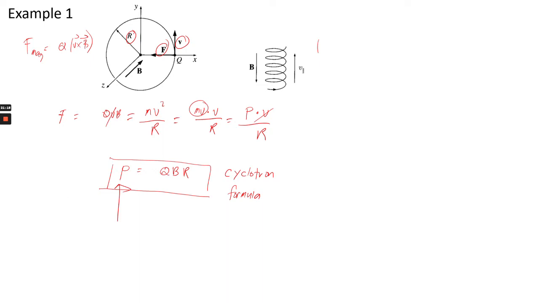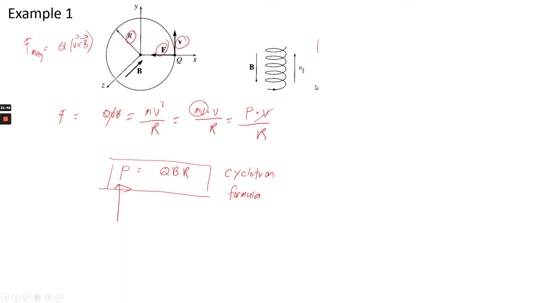Incidentally, I assumed that the charge moves in a plane perpendicular to the magnetic field. Now what if it starts out with some additional speed parallel to B, parallel to the magnetic field, like the case in this second figure?